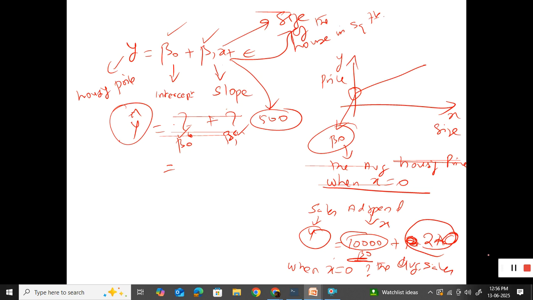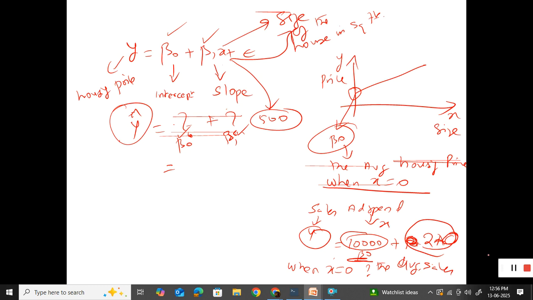In that case, the average sales is going to be 10,000. That is what my model estimated. So in the interview, if they ask you what is beta naught, beta naught is nothing but, when the value of x equal to 0, the estimated average value of your y.